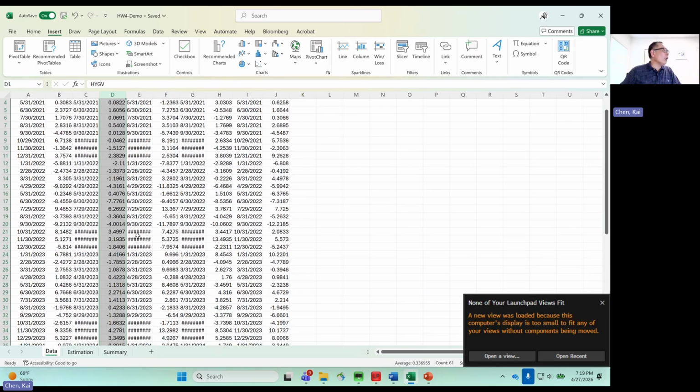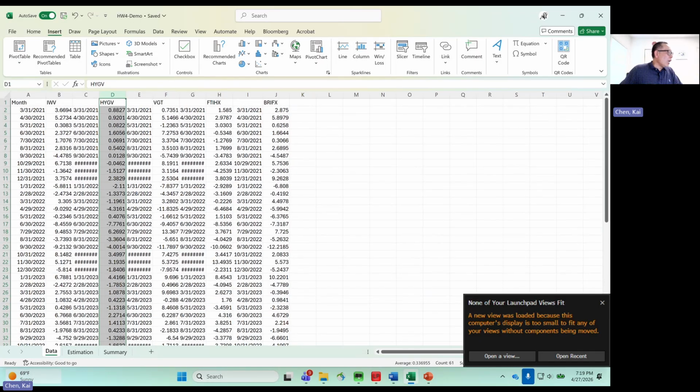So here is the data. Because this data is connected to Bloomberg, if there is no connection, we would lose this data. So now I'm going to copy and paste this data to the other sheet.